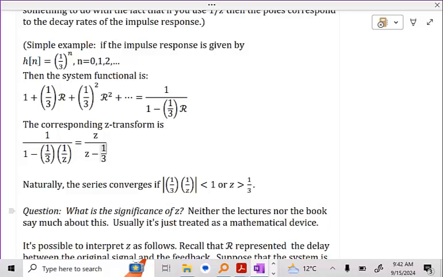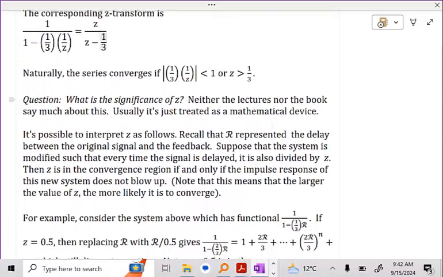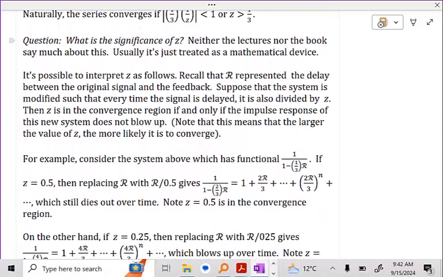But here, you can come up with some kind of interpretation. So think of it this way. Remember that R in the system functional represents the delay between the original signal and the feedback. Okay. Suppose the system is modified such that every time the signal is delayed, it's also divided by Z.